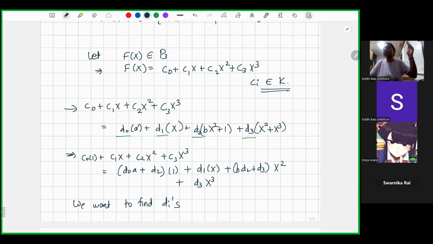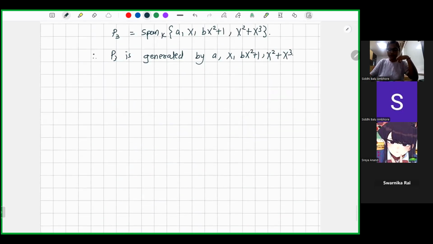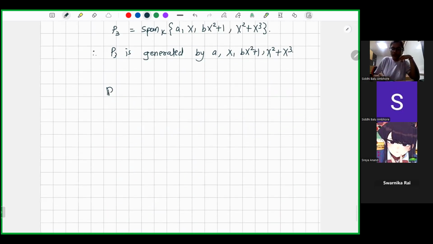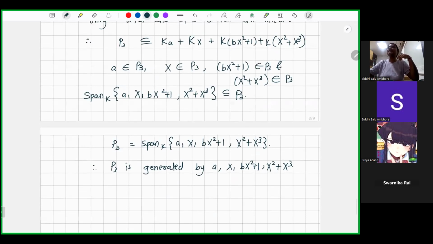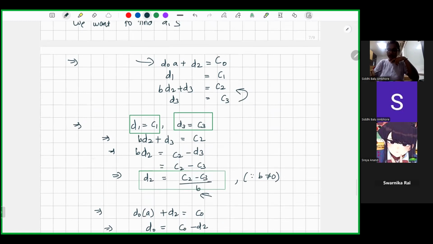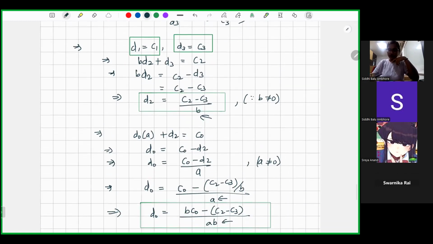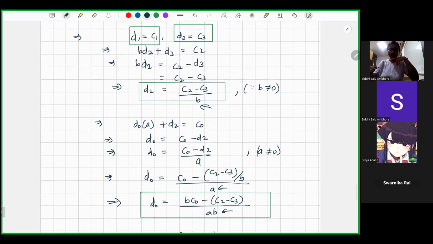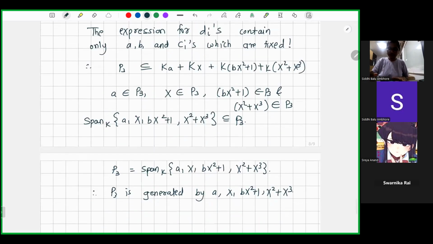So we are choosing some polynomial. For example, what I'm trying to say is that this P3 is generated by this. So we got a general expression like this, of d1 being of this form. So let me tell you what we are doing exactly. Let me just write it down again.